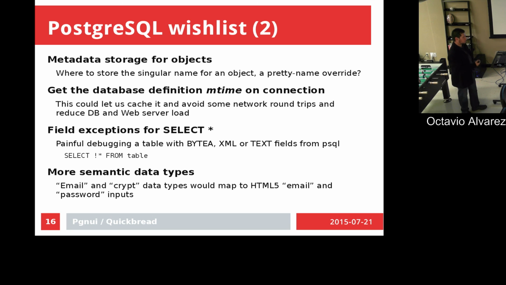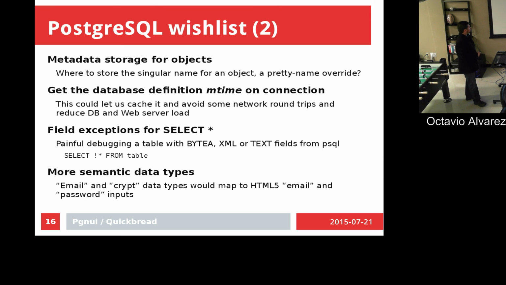I could cache the data layout on disk or in whatever way, instead of pulling the full data layout each time I connect. So if I connect to the database and it responds, 'there, you have access, and here's the M time,' I can immediately compare and see if I can use the local cache, or I must requery the data layout for that table.